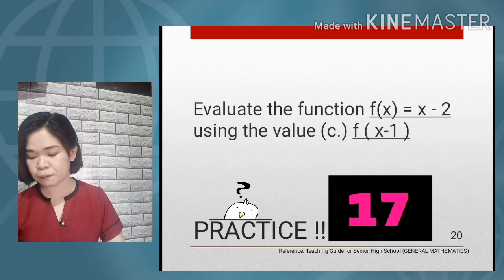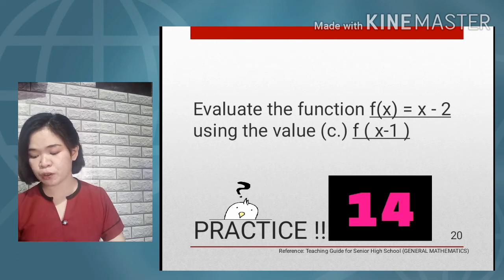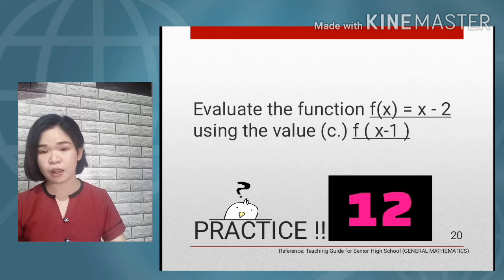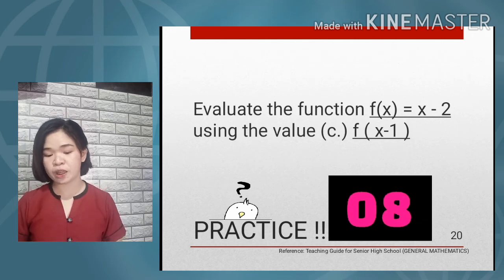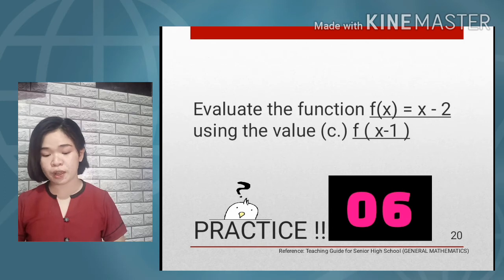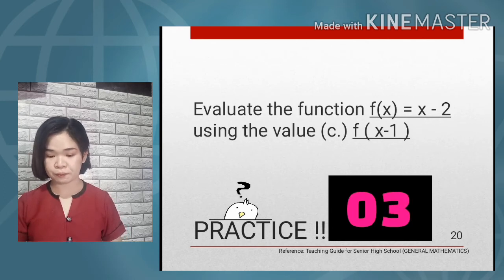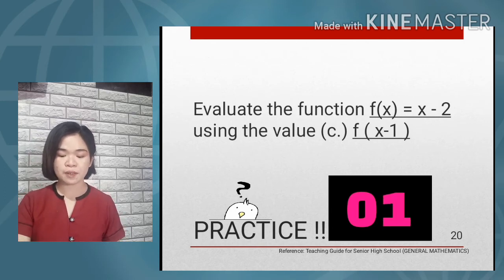Watch the signs. Make sure that you know the fundamentals or the basics of mathematics, especially the rules of the integers. Okay, thumbs up.